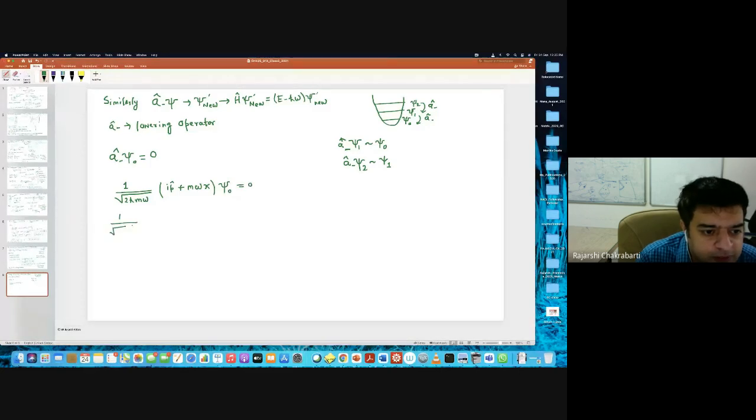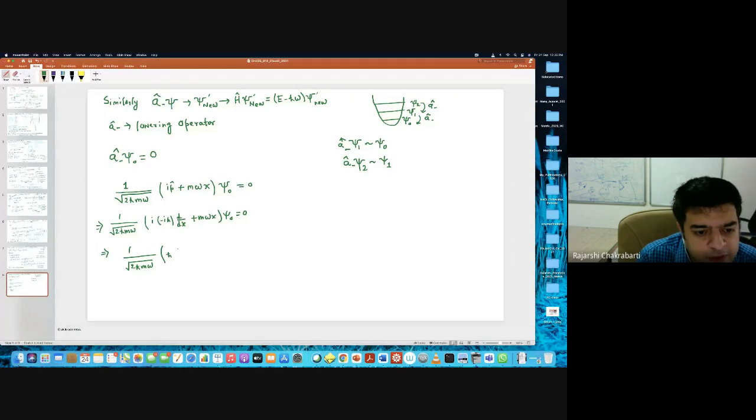And p is minus i h cross d/dx, and i squared is minus 1, no?